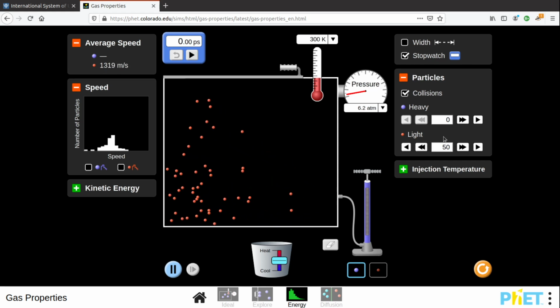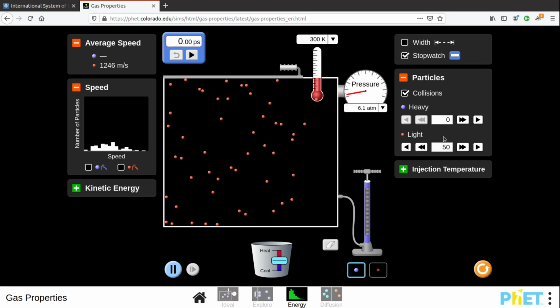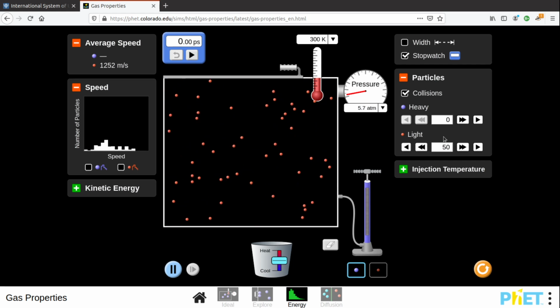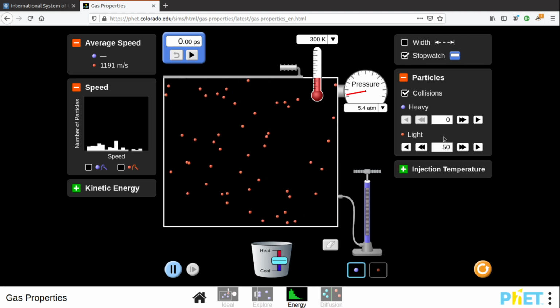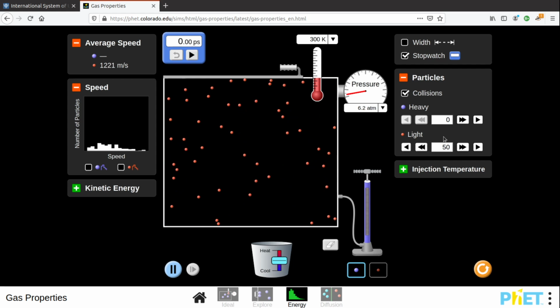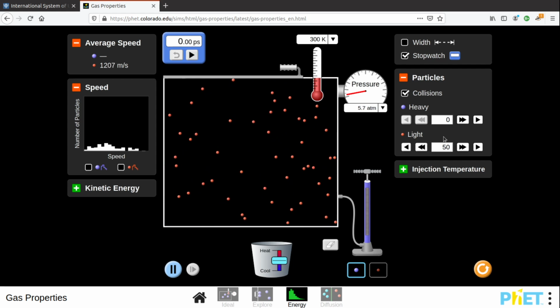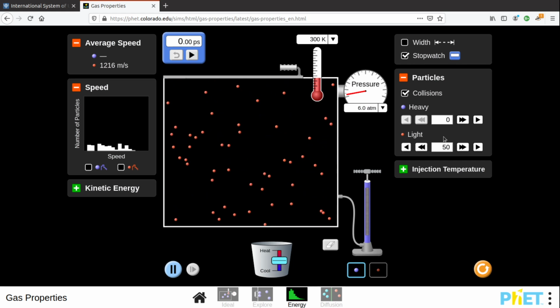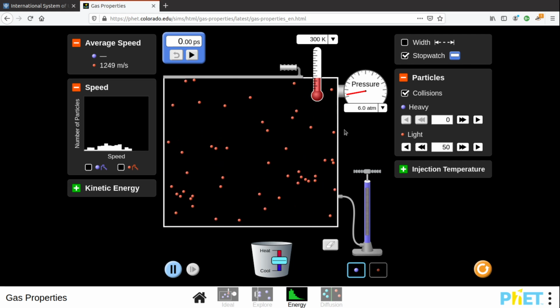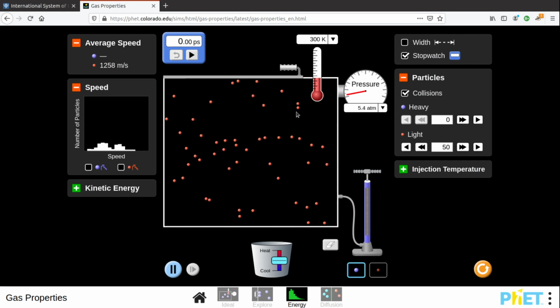We know the exact definition of pressure is force per area. And we can see that these particles are causing a pressure by bouncing off the walls, therefore exerting a force, and the walls have some sort of area. So there's a force per area certainly associated with that.